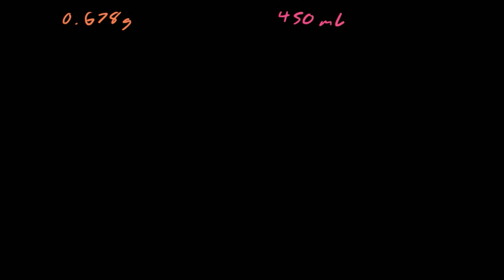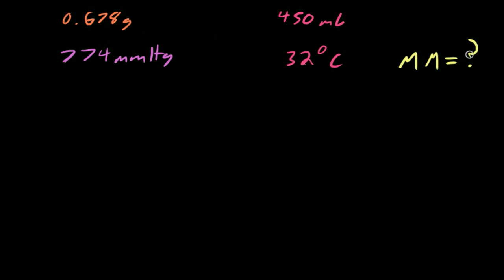And that 450 milliliters is at a pressure of 774 millimeters of mercury, and this is going to be at 32 degrees centigrade. So what we are trying to figure out is our molar mass.